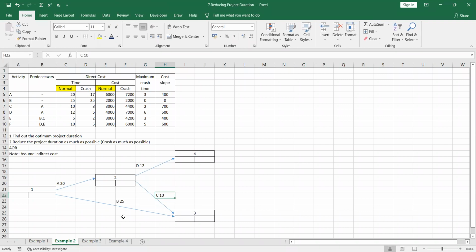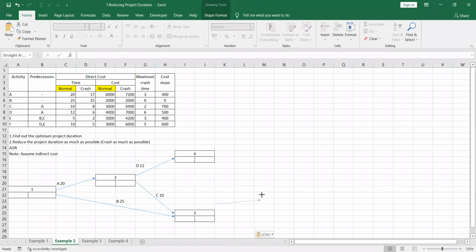After completing both B and C, we can start to do the E activity, and the E activity normal time is 5.